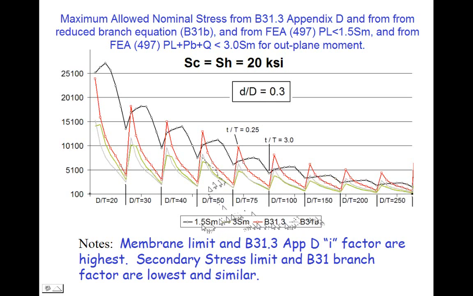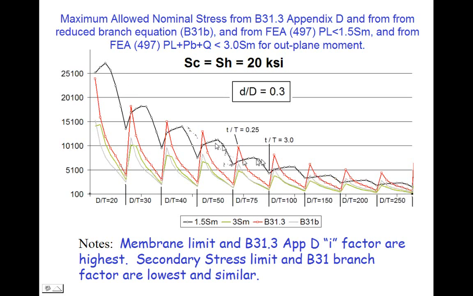The 1.5 SM requirement that we are asking about almost always gives a modestly high nominal stress. So as long as we check our other requirements, the 3 SM limit will govern before the 1.5 SM limit on membrane stress will govern for thermal stresses, for this particular set of criteria for out-of-plane loads.